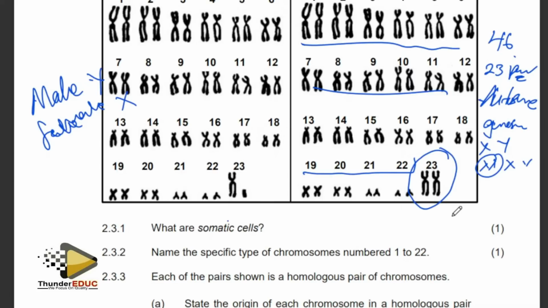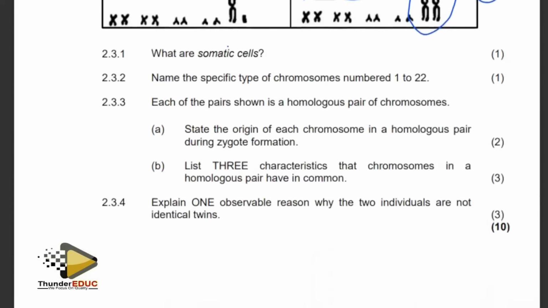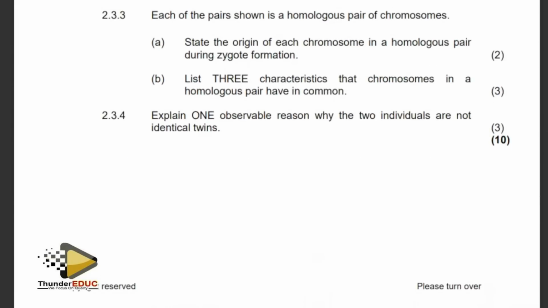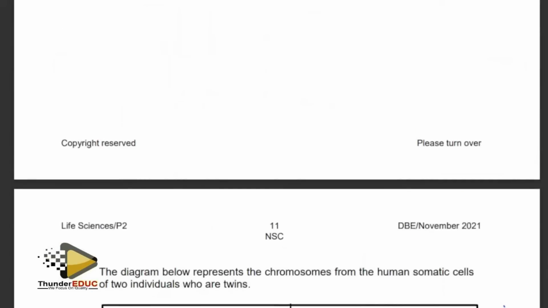If one sperm carrying X fuses with the ovum, it's going to be identical twin girls. If one sperm carrying Y fuses, it's going to be identical twin males. So that's exactly what is happening. I think I'm done with the karyotype.